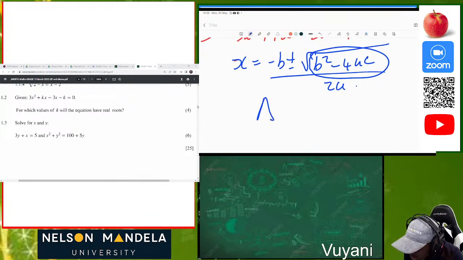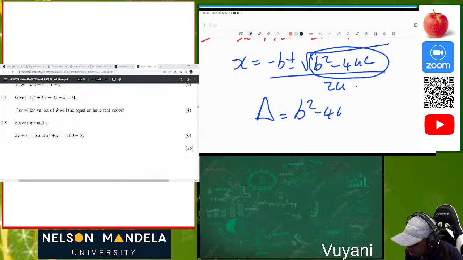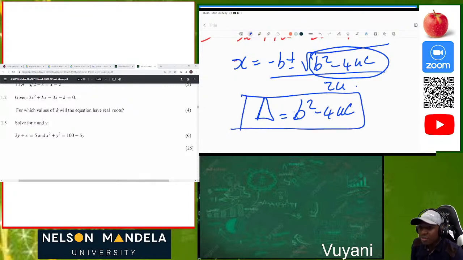The determinant, which is illustrated by this delta, is equal to b squared minus 4ac. So b squared minus 4ac is coming from our quadratic formula. This is the determinant or the discriminant.